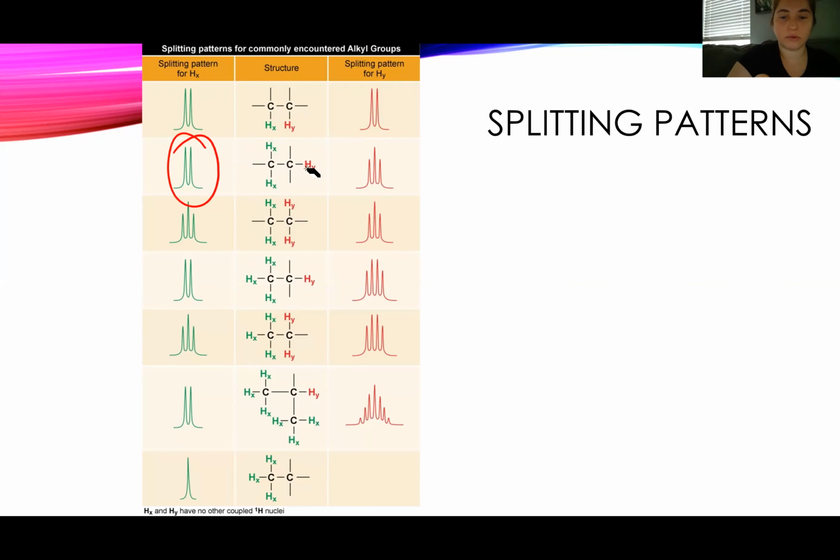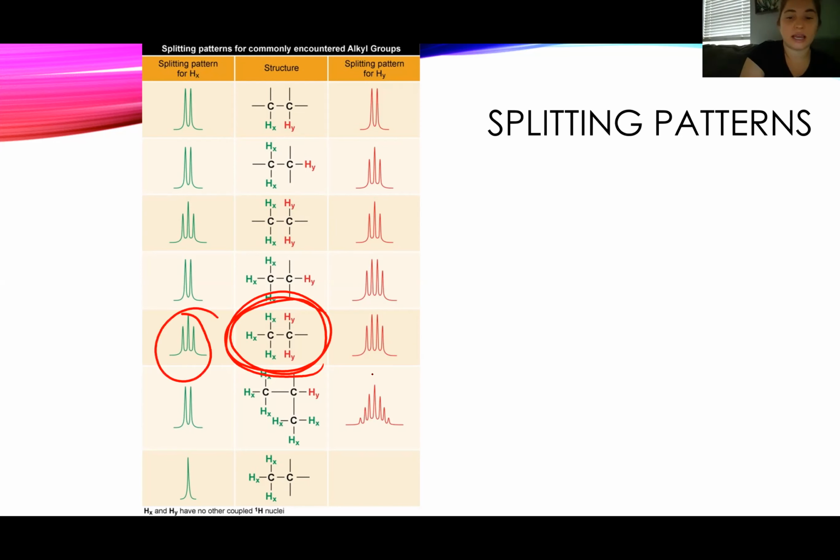The methine will appear as a triplet. I'm not going to keep walking through this, but there are some that you just see all the time. An ethyl group is a really, really common substituent. Anytime you see a triplet and a quartet very near each other, it's probably an ethyl group. That's a really, really common motif.